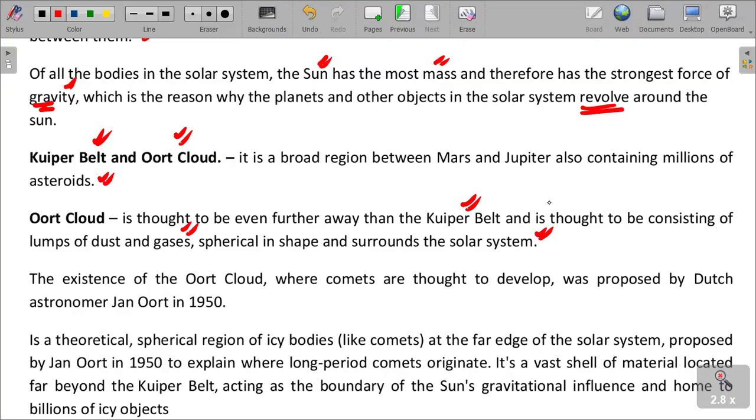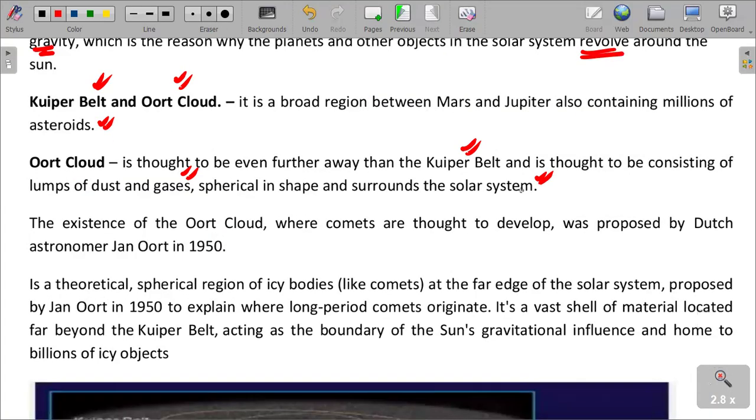The existence of the Oort cloud, where comets are thought to develop, was proposed by a Dutch astronomer, Jan Oort, in 1950. He identified the existence of the Oort cloud, where comets are coming from.